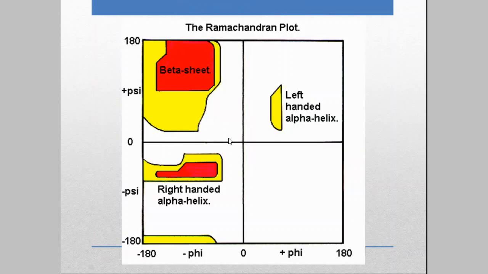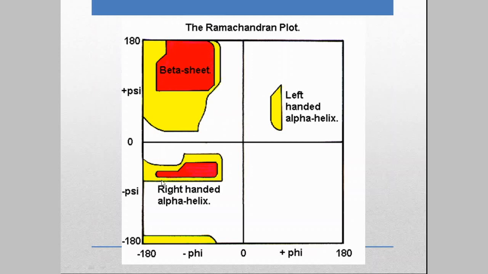Similarly, Ramachandran, Ramakrishnan and Sasisekharan analyzed a large number of proteins, and they found that your first quadrant has beta sheets. The one which is negative and negative is your right-handed alpha helices.